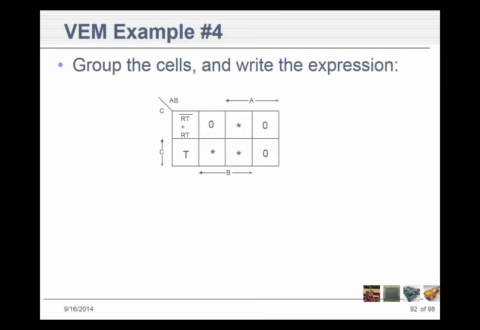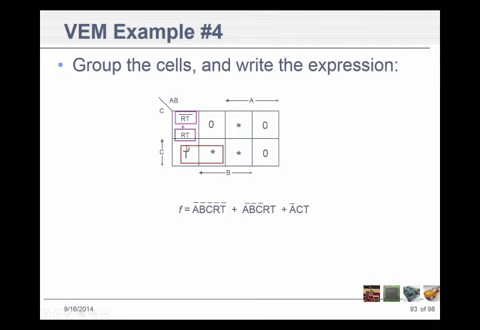Here's some really messy stuff. It can get worse. We got not R and not T, or R and T, and it's real close. There's a T here. But what can we do? This is about all we can do.